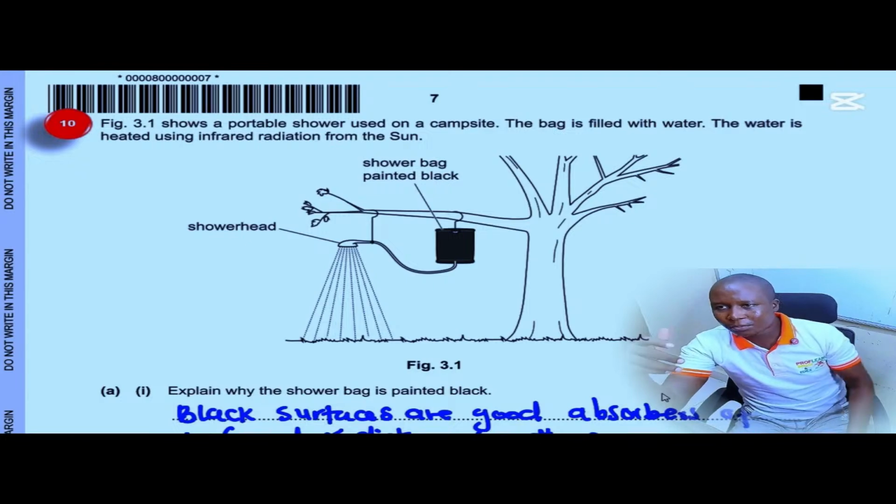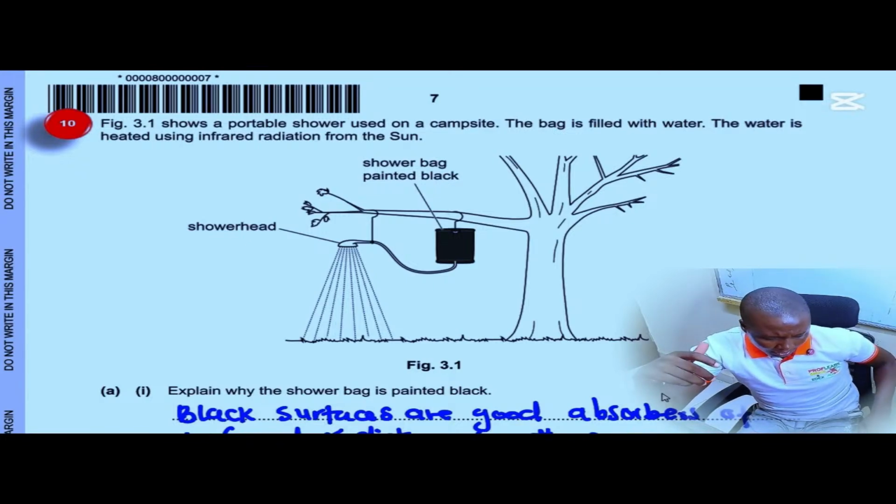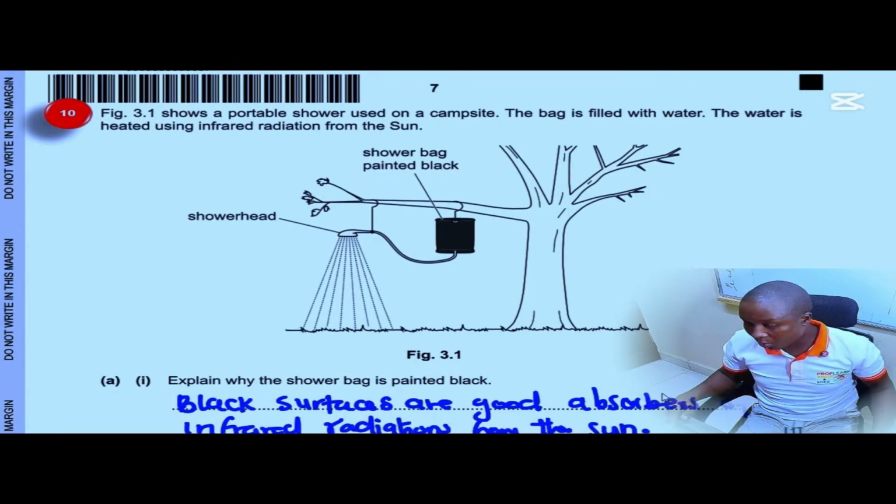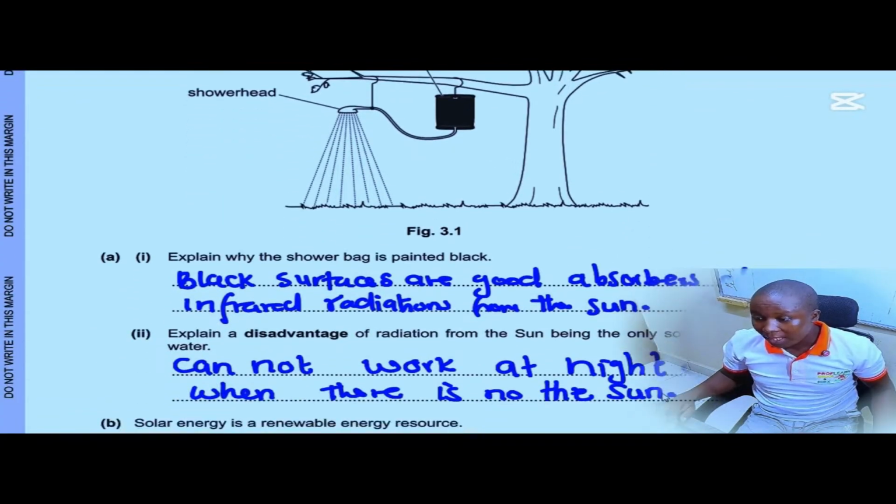This is the fact that black surfaces are good absorbers of radiant heat. So they are going to absorb more radiant heat from the sun, and they're going to warm the water.